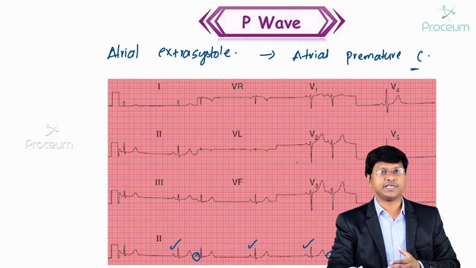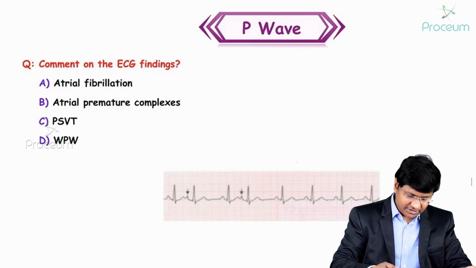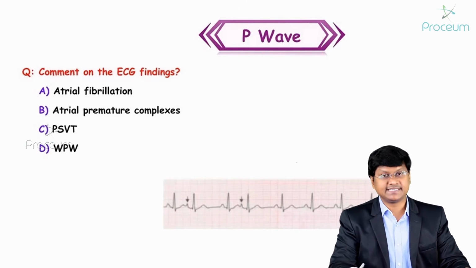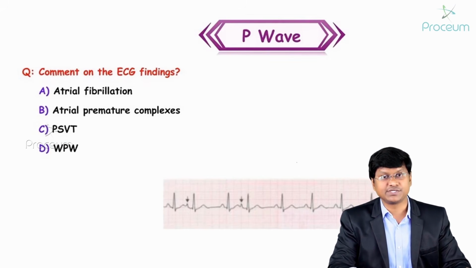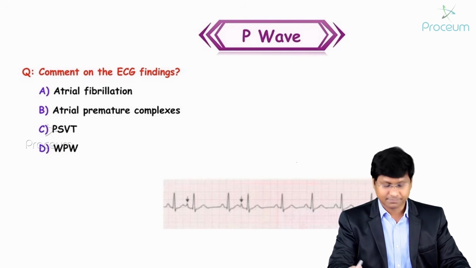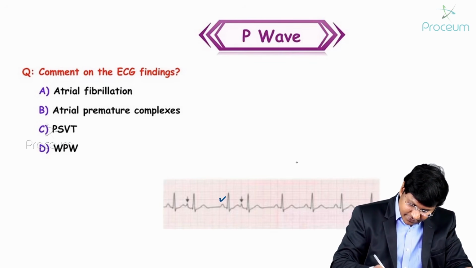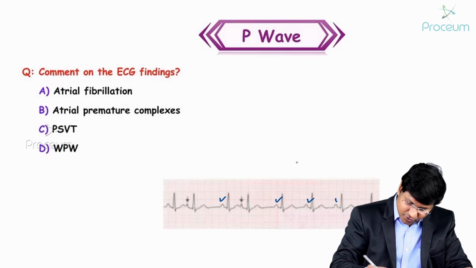Atrial premature contracture or atrial premature complex. Let me show you an example, a multiple choice question as well. Comment on the ECG finding: atrial fibrillation, atrial premature contractures, paroxysmal supraventricular tachycardia, WPW syndrome. If you see here, this is your normal P wave, normal P wave, normal P wave, normal P wave.